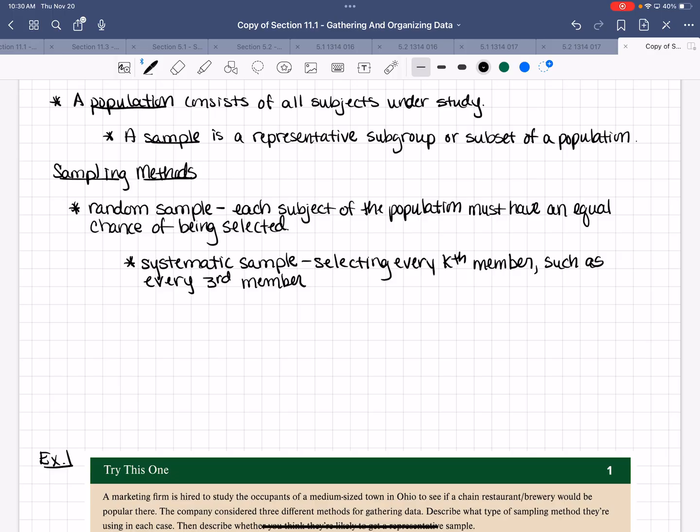We also have what we call a stratified sample.